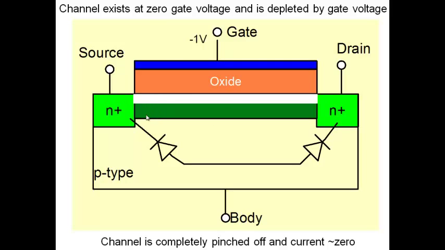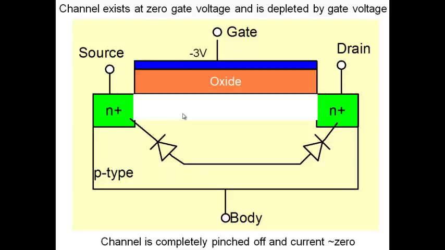In this case, we are not showing it, but a more accurate diagram would show a depletion region at the bottom also. You apply -2 volts, you deplete more of the channel, and the current becomes even smaller. Eventually, if you apply a large enough voltage, the entire channel is gone, and this is what we call the pinch-off condition.